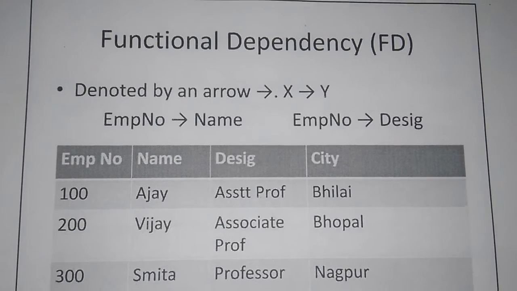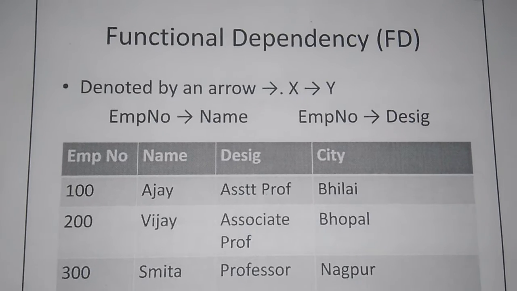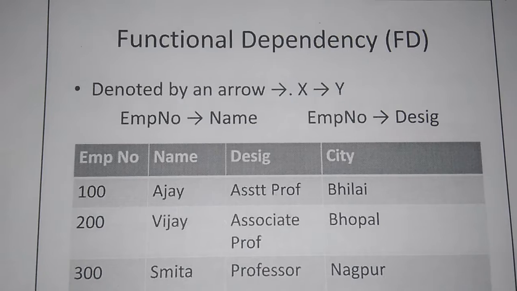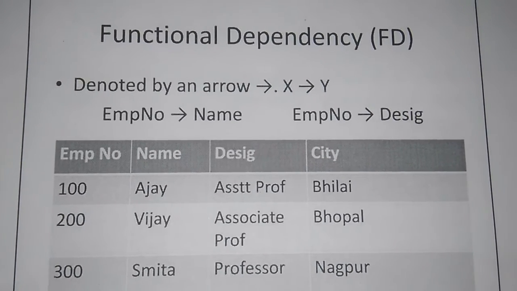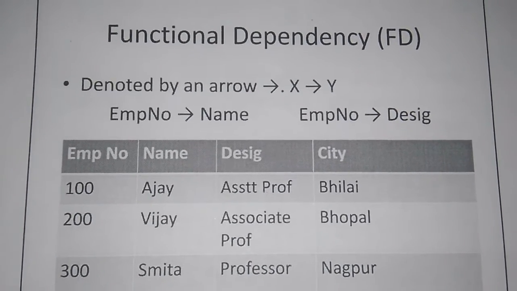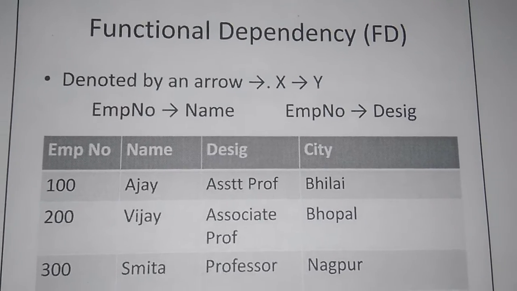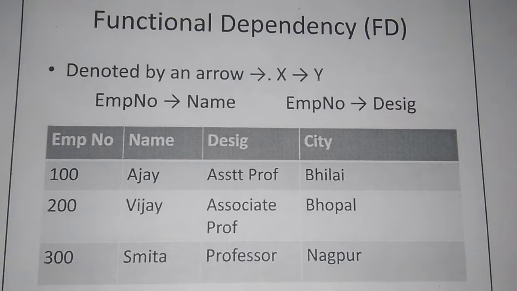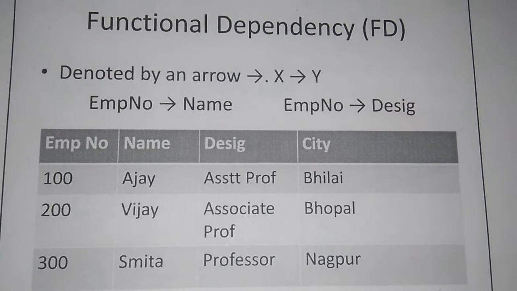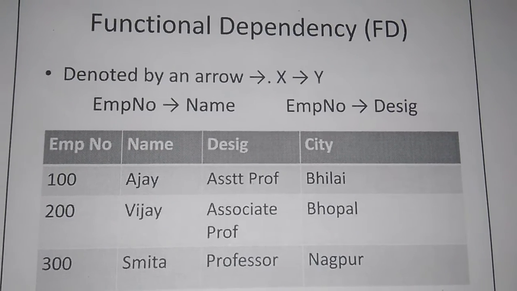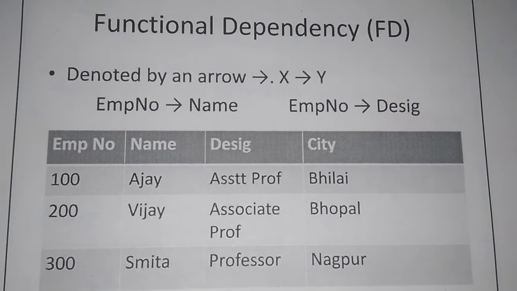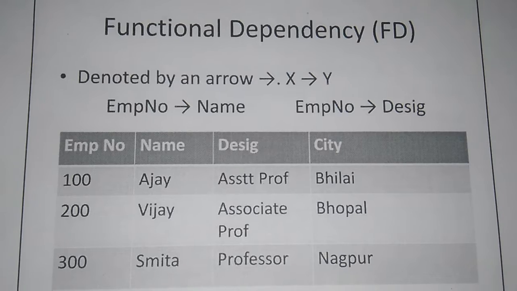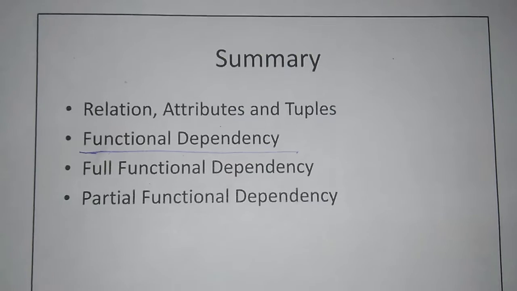If you know the EMP number, we can uniquely identify the employee name, employee designation and city of his residence, but the reverse is not true, as you cannot find the EMP number by knowing name or designation or city of residence, as there may be many employees having the same name, designation or city of residence.